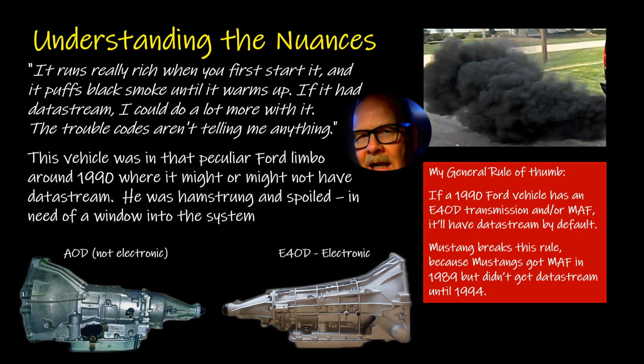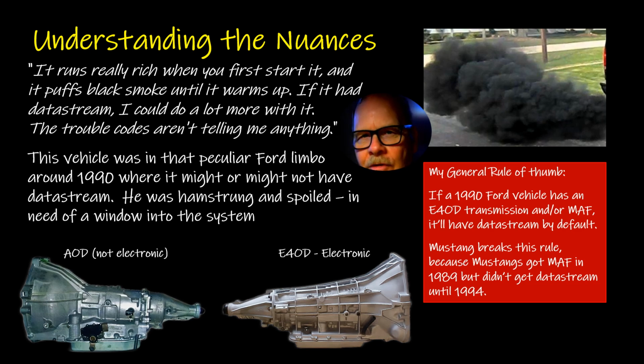Also, if it had mass airflow, it would have data stream, because they had to rewrite the algorithms for the mass airflow. But Mustang got mass airflow in 1989, and didn't get data stream until 1994, which was very annoying to those of us who were already used to data stream, because everything else had it except Mustang until 1994.